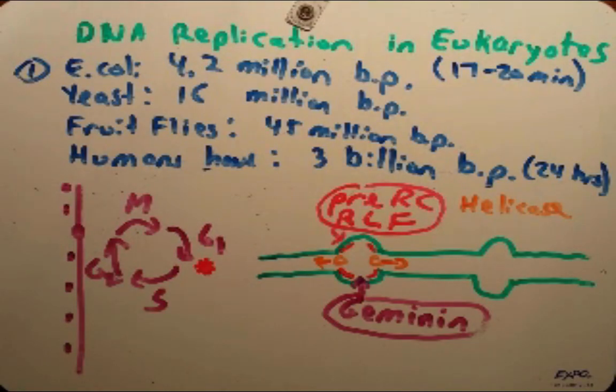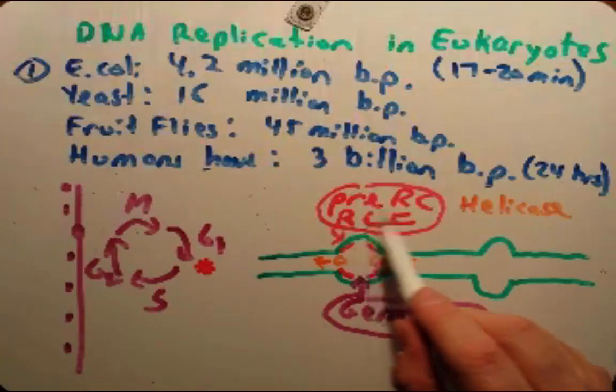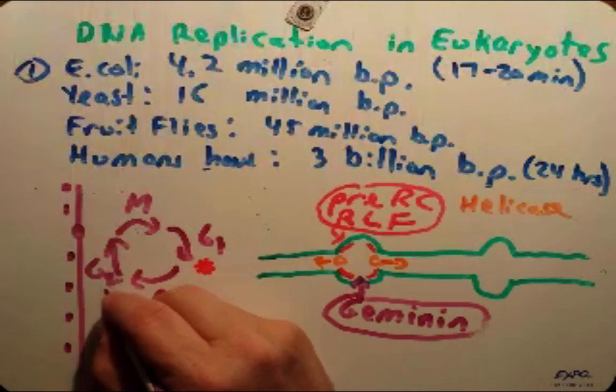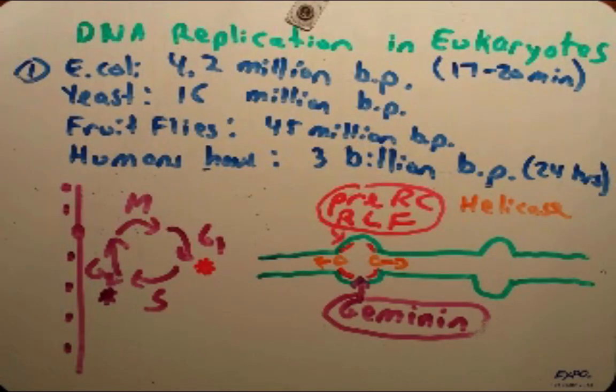And so what you end up with is this origin of replication that's already been copied containing this huge geminin protein complex. It sort of acts as a roadblock so that additional pre-RCs can't bind. It covers up the origin of replication so it can't recopy it. And so this binds at the end of S phase.